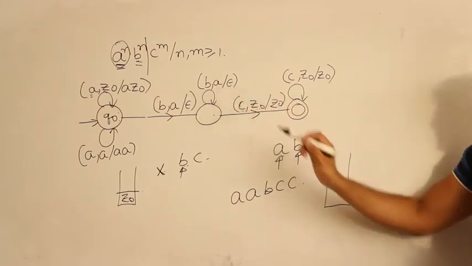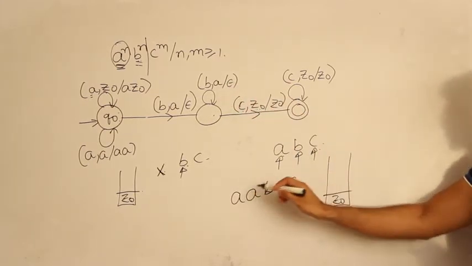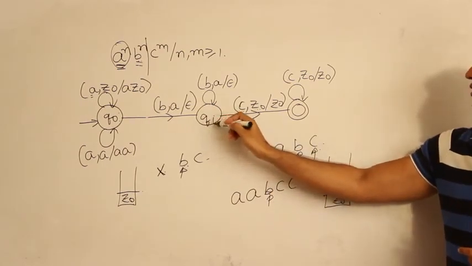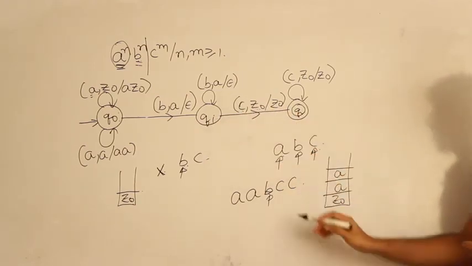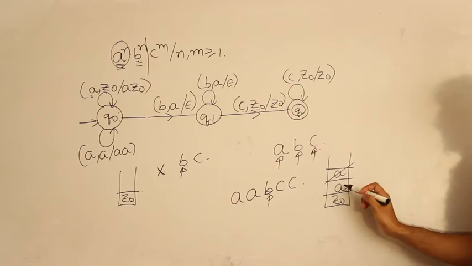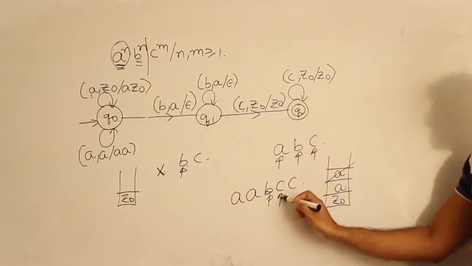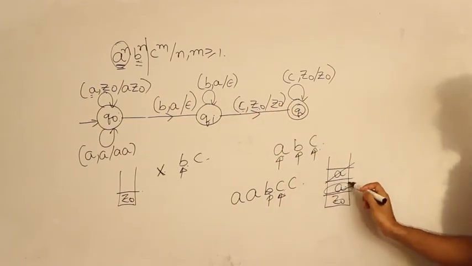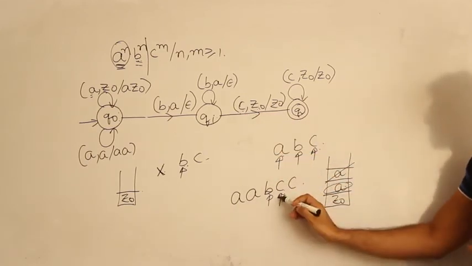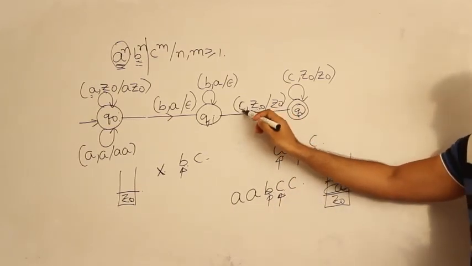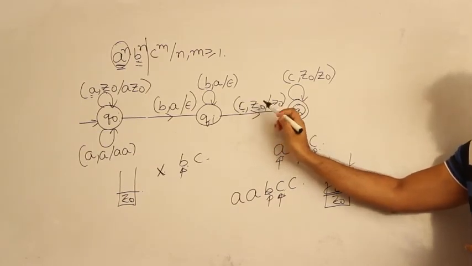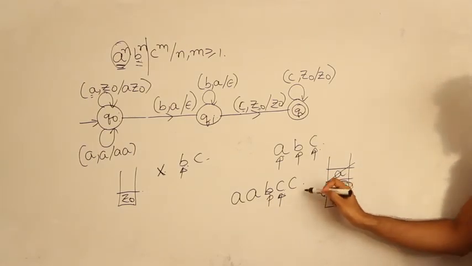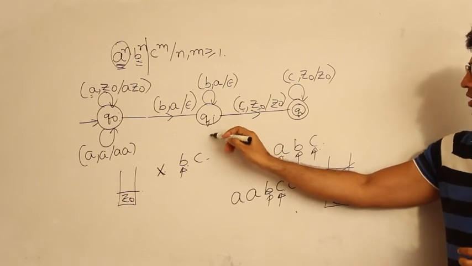Initially you will be in state q0 and you will push the first A and then the second A, and on seeing B you will move to state q1 and pop off the first A. Then you are in state q1 and you see C, but the top of the stack will be A, so the configuration is c comma A, while the transition is defined only for c comma Z0. That means you have one more A. Again this is a dead configuration.